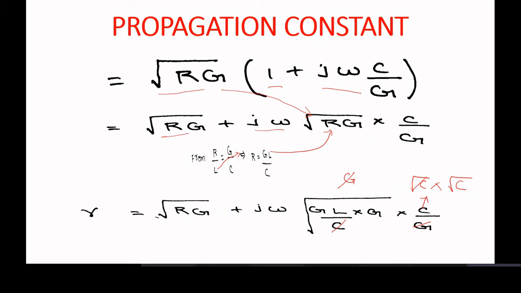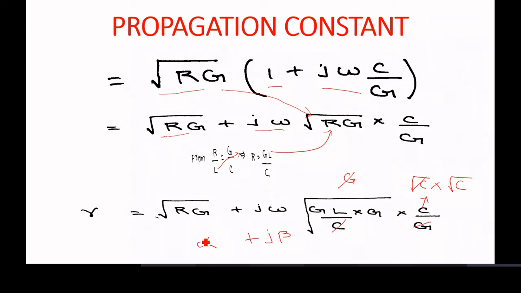So if you make those substitutions, we'll get the expression for the propagation constant as required for a distortionless transmission line, right? So this is nothing but alpha plus j beta.